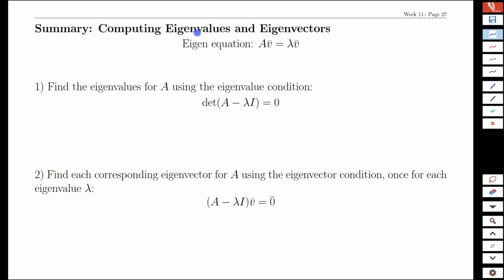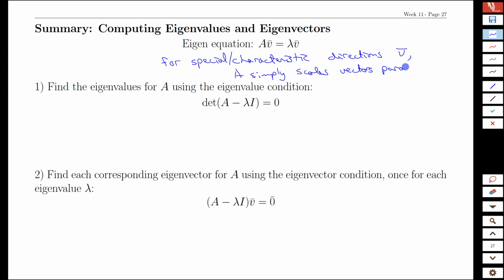The eigenequation, or the eigenvalue-eigenvector equation, states that for special or characteristic directions V, A simply scales, or flips, but it's a scalar multiple of vectors parallel to V. So for some special directions, all A does is scalar multiply them.